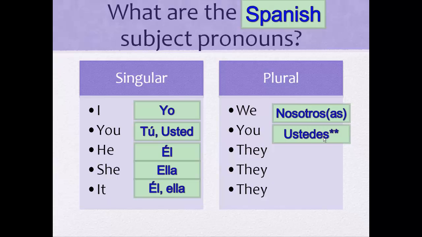Ustedes, es makes it plural. And we have a little star because there is a plural for tú, and that's vosotros or vosotras, but it's only used in Spain. Never in Central America, not at all in South America, but we are going to always learn it in case you go to Spain someday.